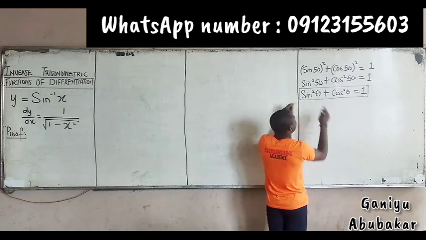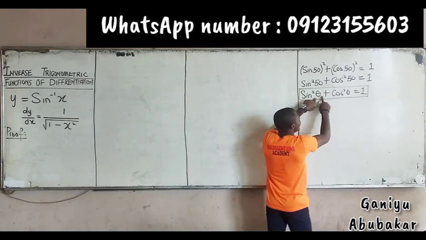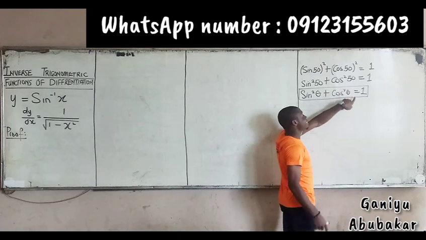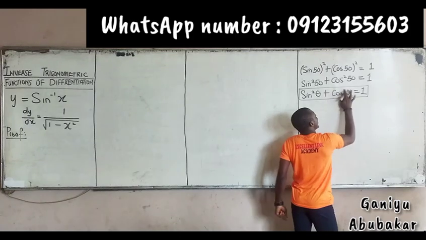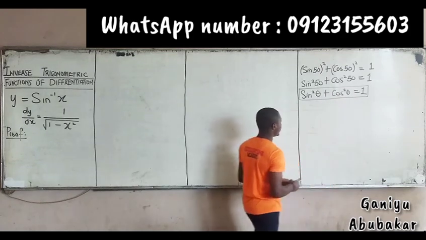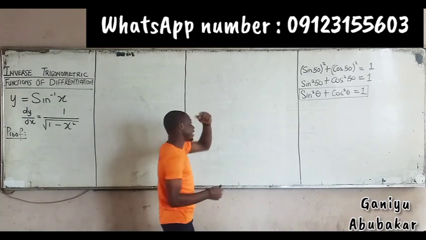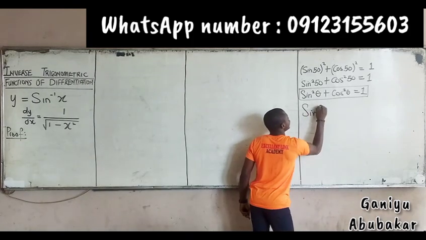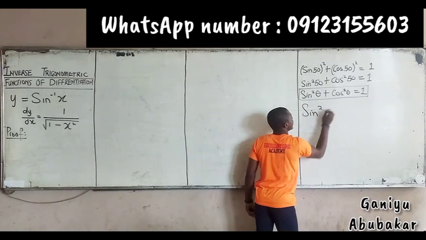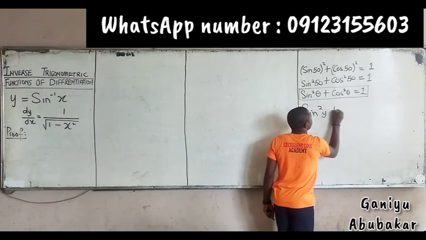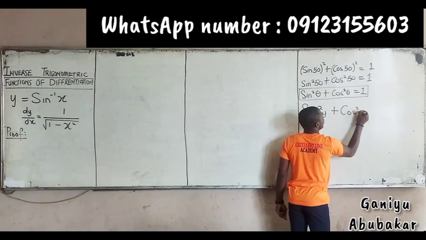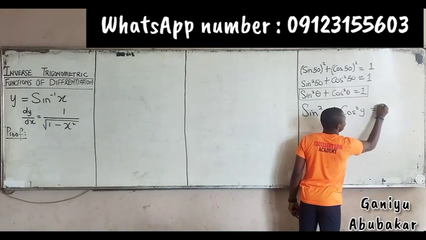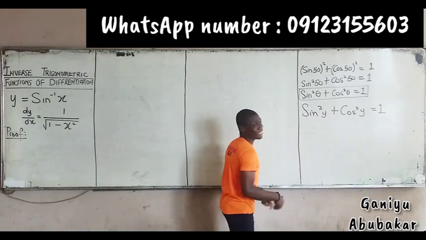So the idea is that sine squared of something, positive cos squared of that same thing, I will have 1 as my answer. So from here, I can infer that sine squared of y plus cos squared of y is equal to 1. I'm just saying the same thing.